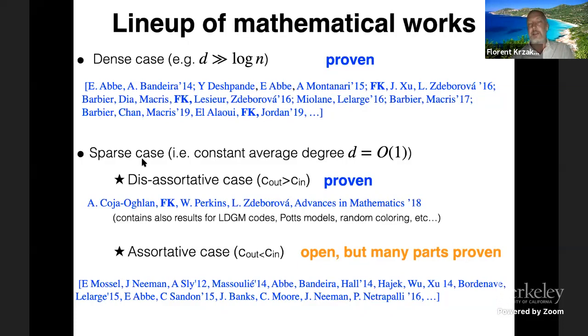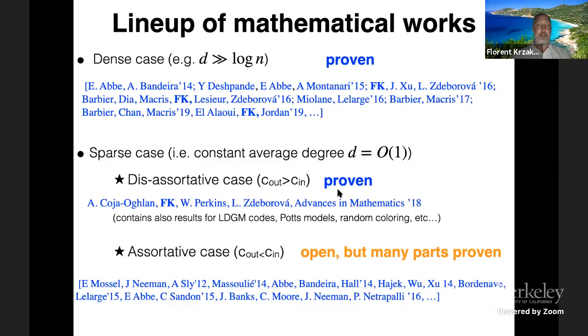Now the sparse case is a bit more tricky. And maybe it's a more interesting case because, if you like community detection, it's maybe closer to what you get in practical applications. It turns out at least the disassortative case, when c_out is larger than c_in, has been proven. And this is a nice work we did with Amin Kojaoglan and Will Perkins.